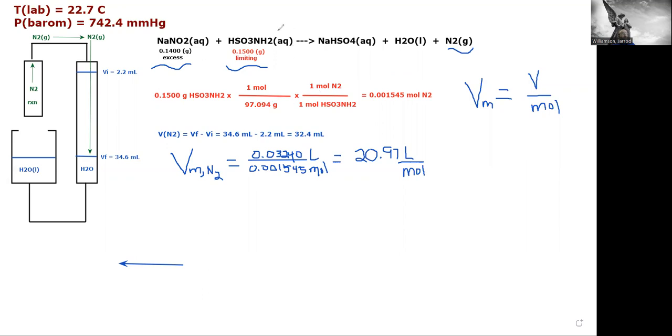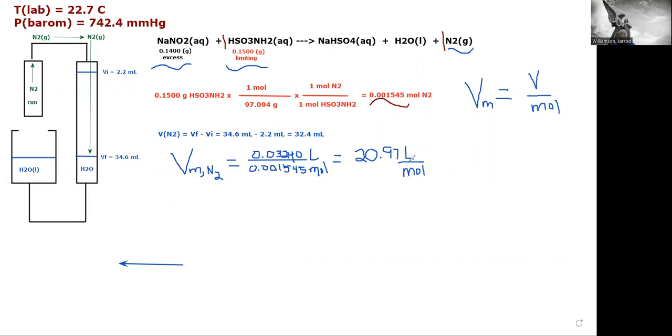And then from the balanced chemical equation, I can see that for every 1 mole of sulfamic acid, I will produce 1 mole of nitrogen gas. So it's 1 to 1. So when I do this, I end up getting 0.001545 moles of nitrogen.